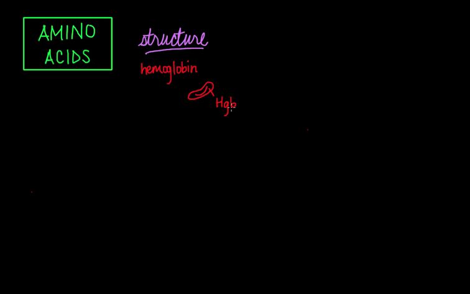I'm just going to write it out as HGB here. And this hemoglobin protein is what is actually responsible for picking up oxygen when this little red blood cell flows through the vessels in the lungs, and then transports this oxygen to all of the various tissues within our bodies.